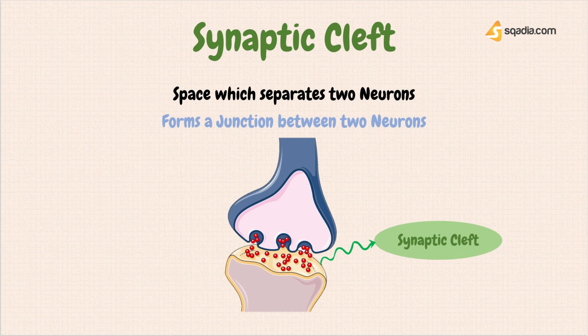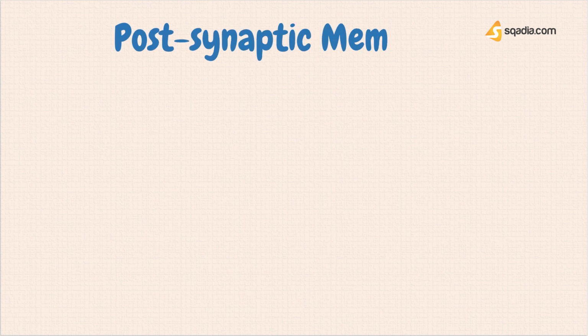Well, that is because it helps in the passage of the nerve impulse from one neuron to the other. Right here, we have a microscopic visual of the neuromuscular junction, and this space-like structure which you can see is the synaptic cleft.